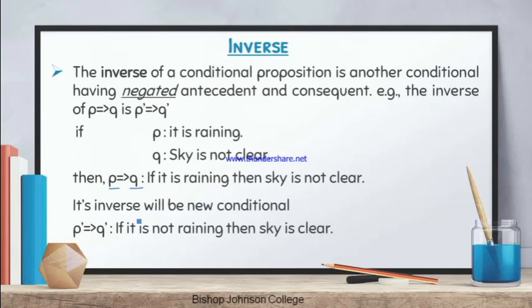So the inverse form would be not P implies not Q, and the statement is: if it is not raining, then the sky is clear. Put negation in both antecedent and consequent.